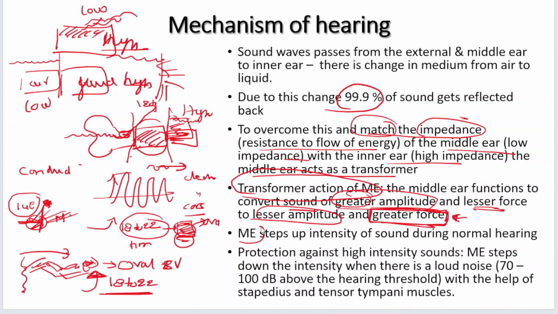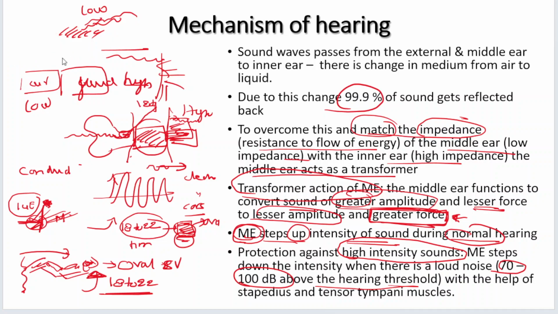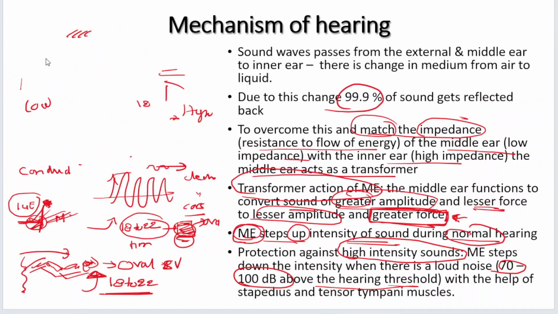The middle ear is not just a conductive apparatus. It steps up the intensity of sound during normal hearing. But we also have to realize there can be a very high intensity sound like a bomb blast, which is 70 to 100 decibels above the hearing threshold. Now this is the important thing. Suppose there is a person whose hearing is normal, the hearing threshold is between 10 to 20 decibels.